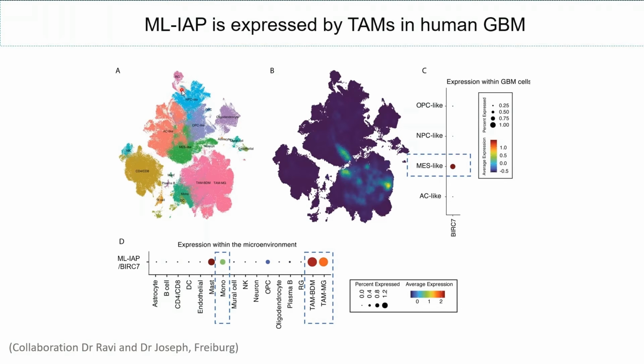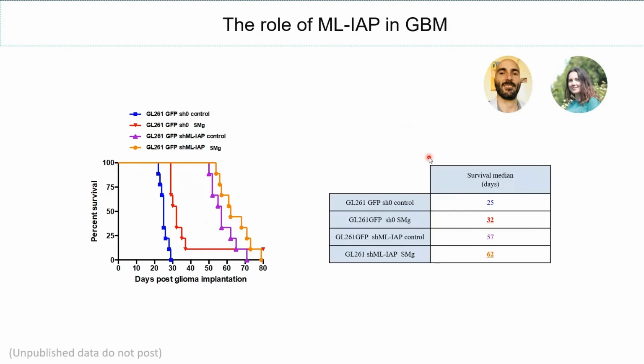And what we find is that we correlated the MLIP expression with the MES-like subtype. This subtype is highly plastic and is the most aggressive subtype in glioblastoma. So this result was highly interesting. That's why we now want to understand the role of MLIP in glioblastoma.